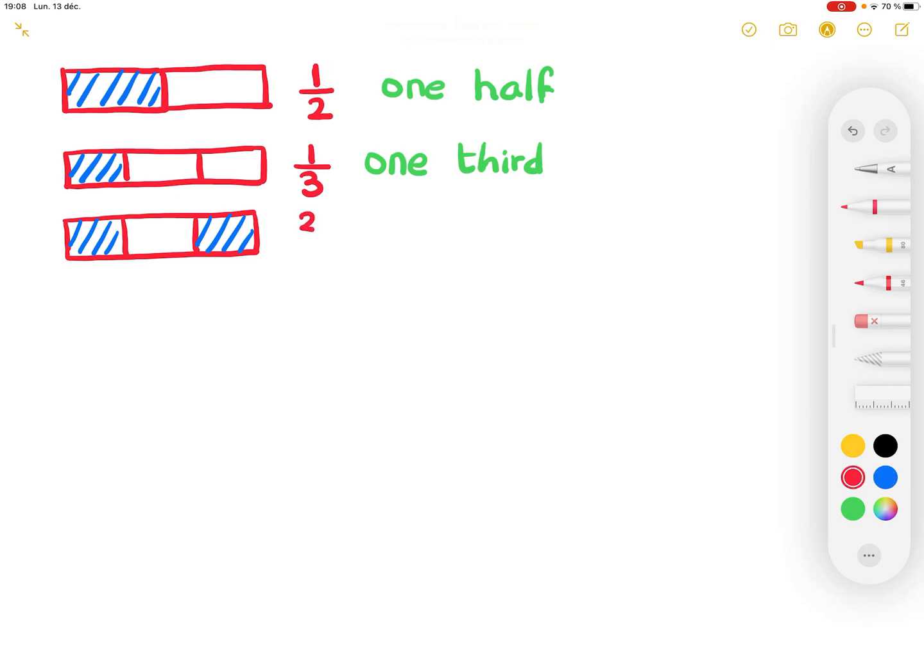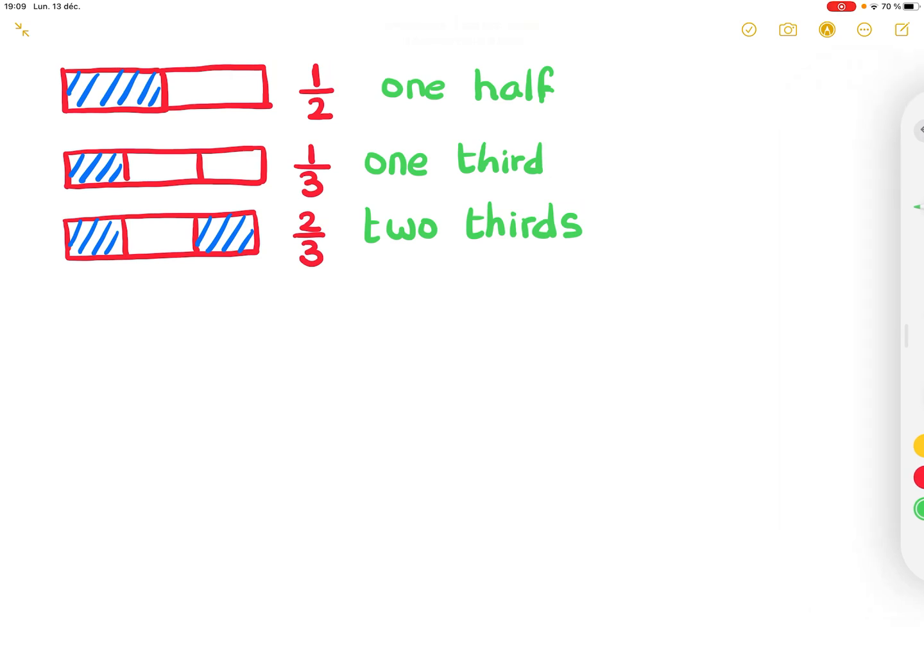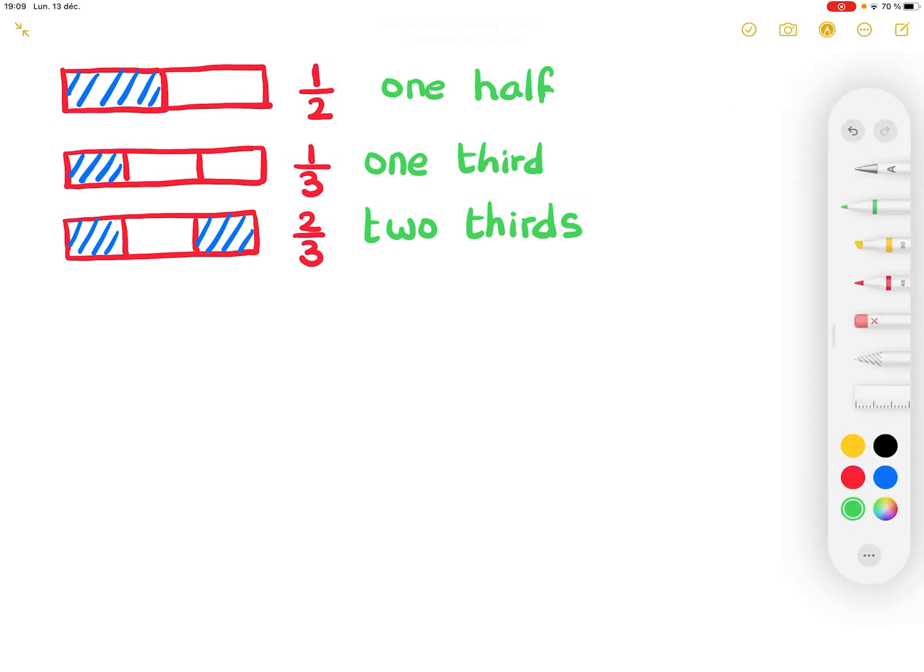Here I have 2/3, and this is called 2/3. I write 2/3, but I put an S because there are two parts, so it's in the plural.